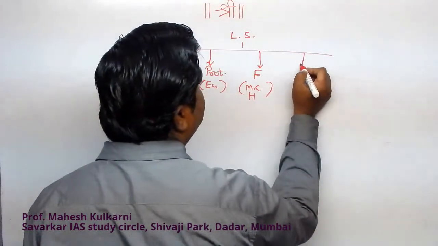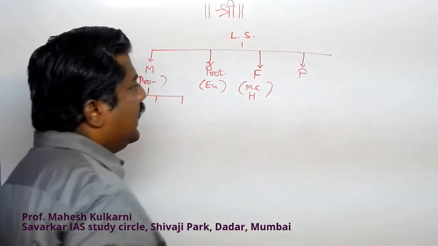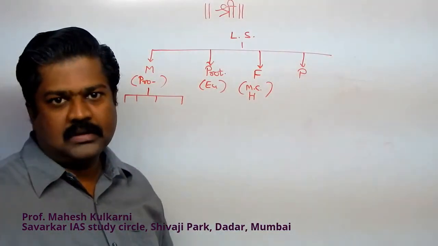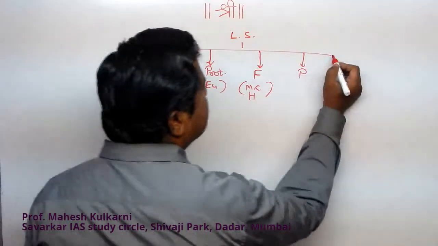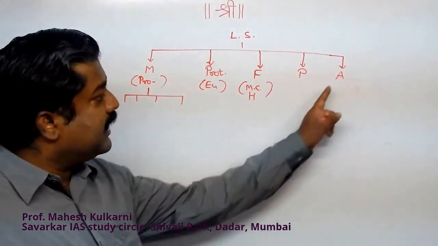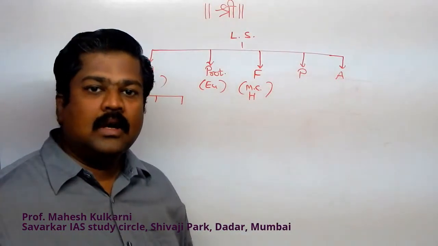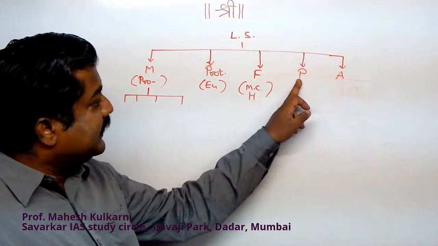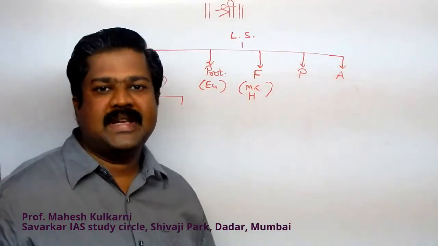Then there is the kingdom called Plantae. I can say here again multicellular but autotrophic in nature. And lastly kingdom Animalia, which is multicellular and heterotrophic. Here we are also classifying on the basis of cell wall.